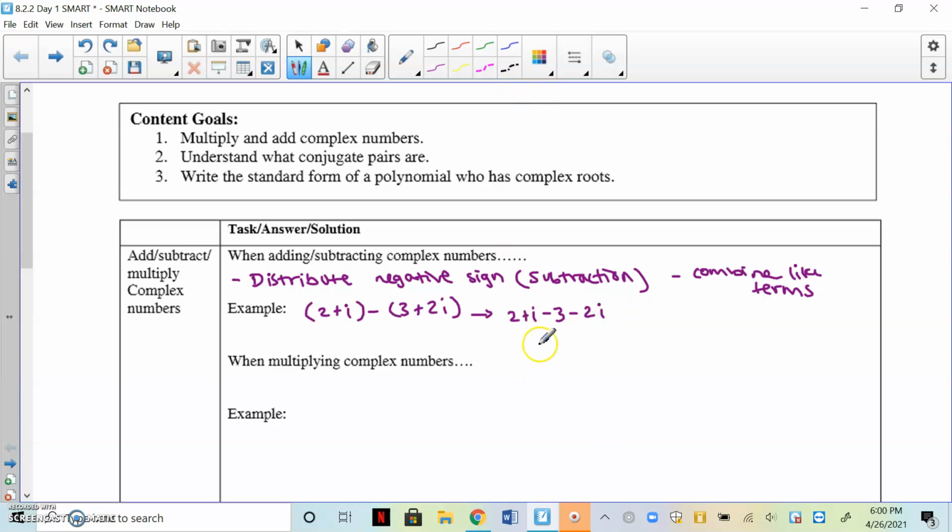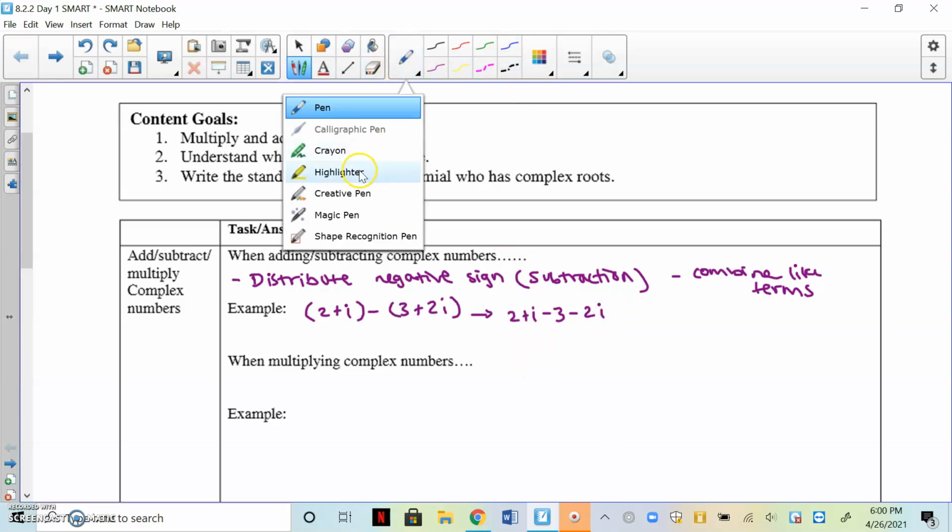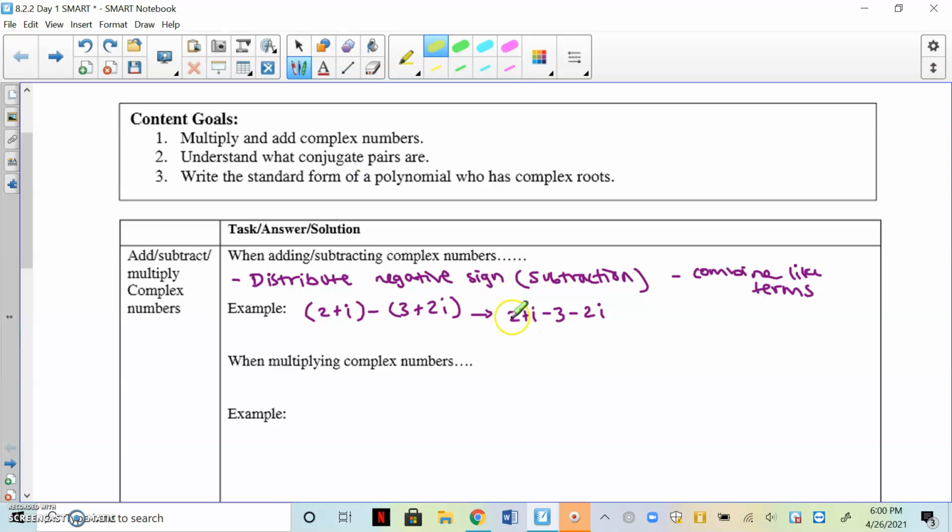Okay, now I can go ahead and combine my like terms. So I know that 2 and negative 3 are like terms because they're both just plain old numbers. And then i and negative 2i are going to be like terms as well because those are both i terms. Remember, we cannot combine regular numbers with i terms.